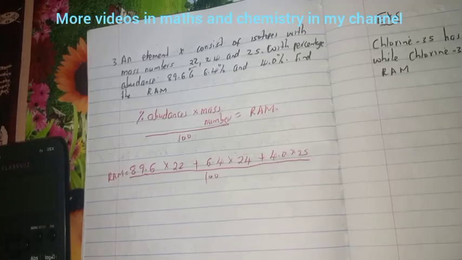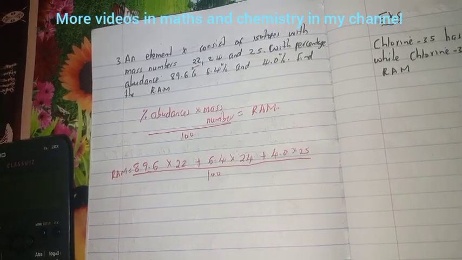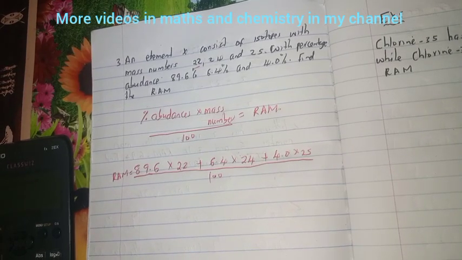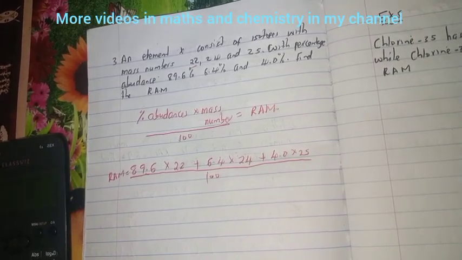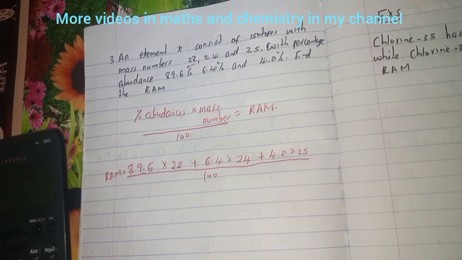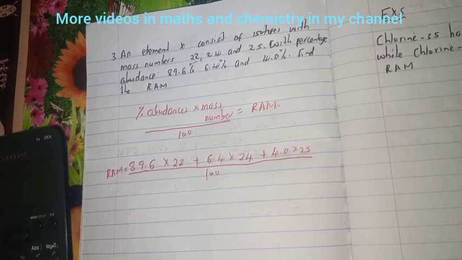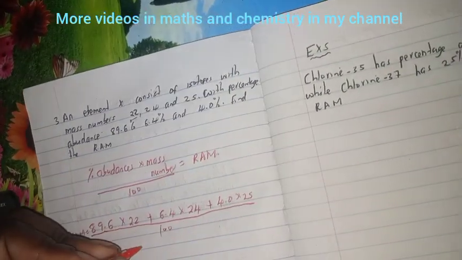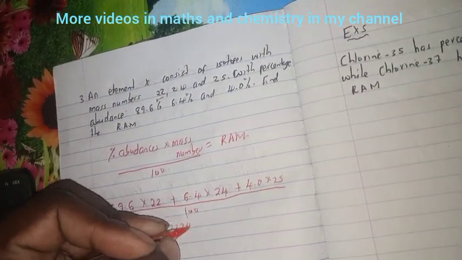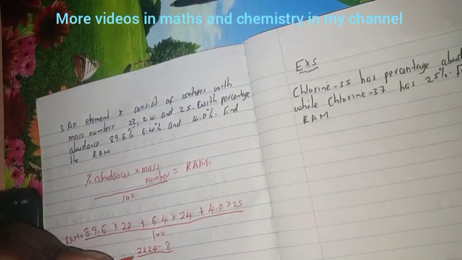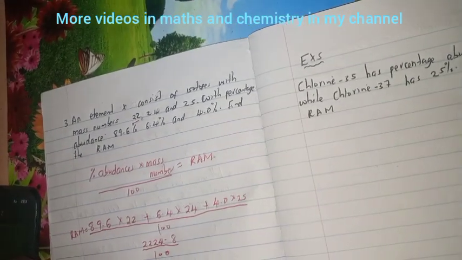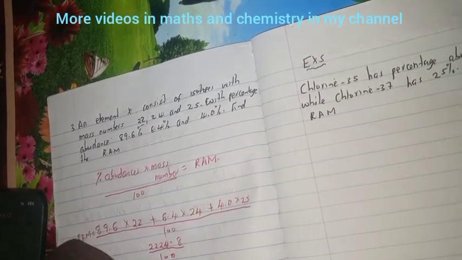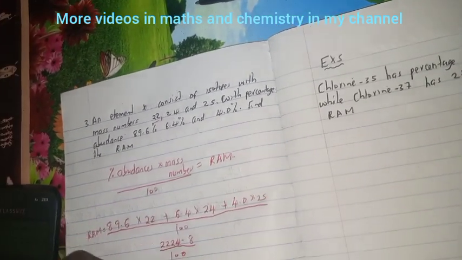Now you can do that using a calculator here. 89.6 multiplied by 22, 6.4 multiplied by 24, this one gives us 2224.8 divided by 100, and that means our RAM will be 22.224.